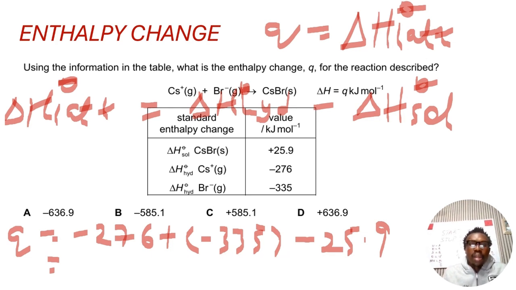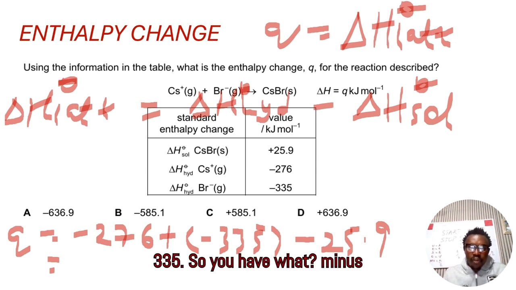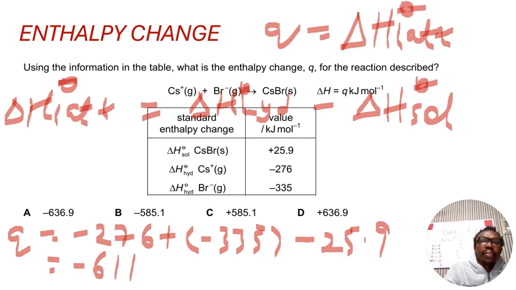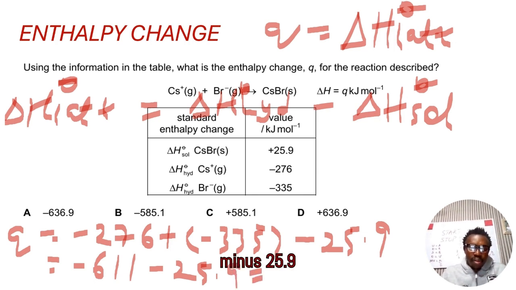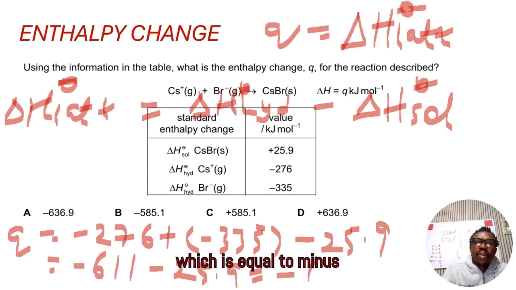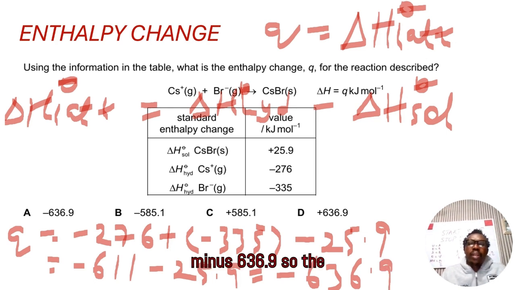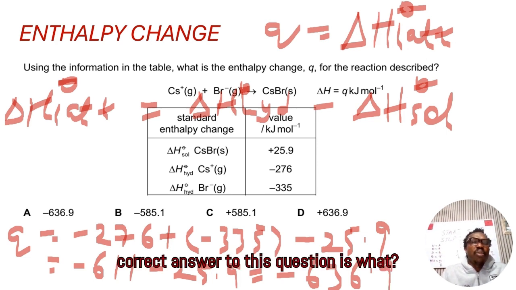Minus 276 plus minus 335, so you have what? Minus 611. Then minus 25.9, which is equal to minus 636.9. So the correct answer to this question is what?